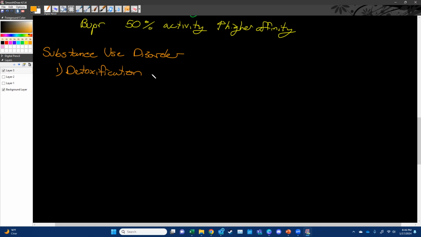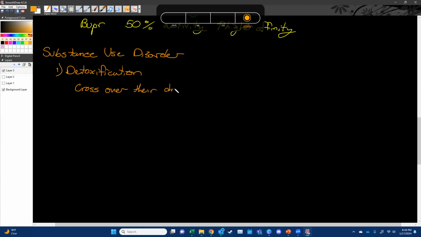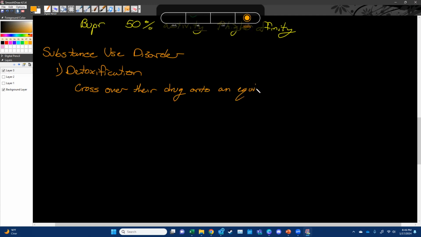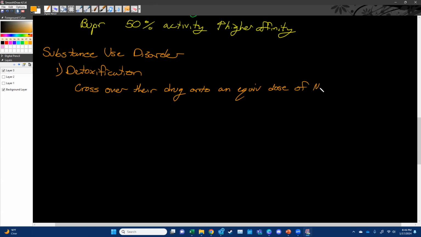What is going on here is that you cross over their drug onto an equivalent dose of methadone or buprenorphine.